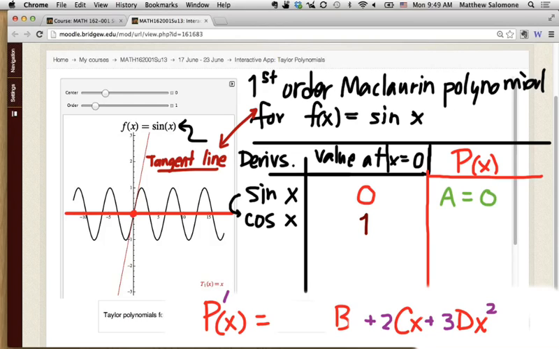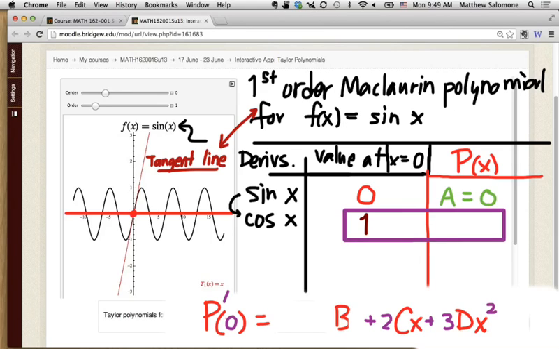So there's the derivative of our p of x. And if what I want is that this derivative, when x is equal to 0, is equal to 1, then let's plug in a 0 for our x and see what happens. Well, what do I get in this polynomial if I plug in a 0 for my x?